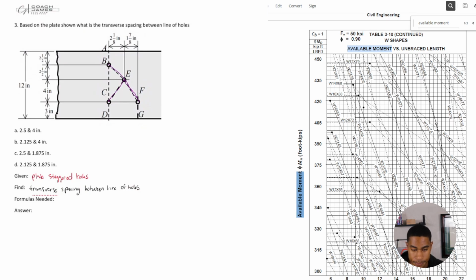Well, I'm going to look up transverse, maybe.